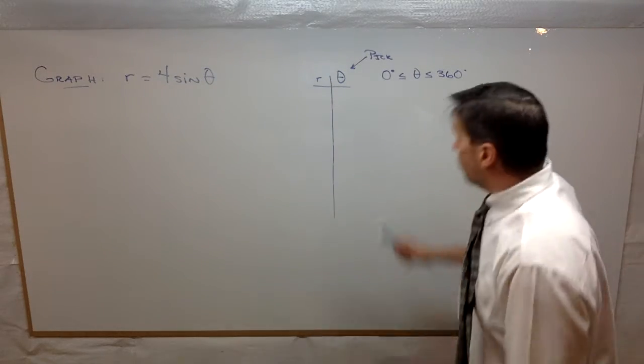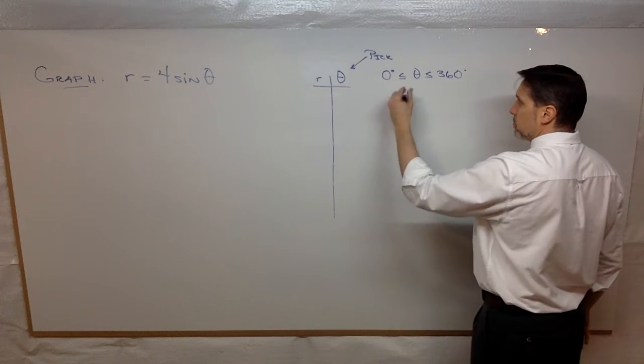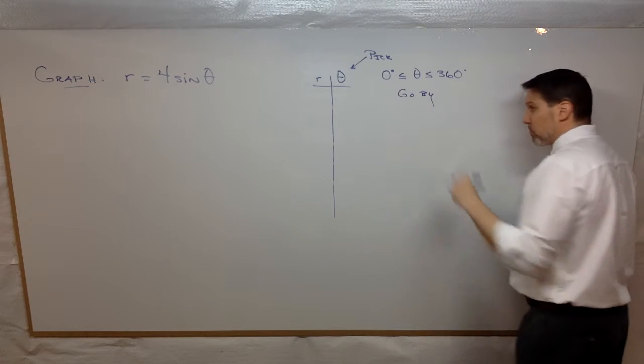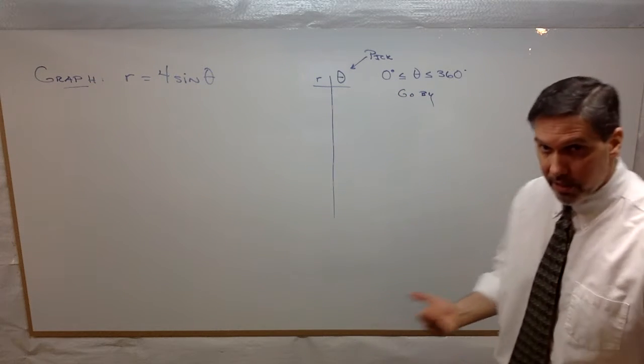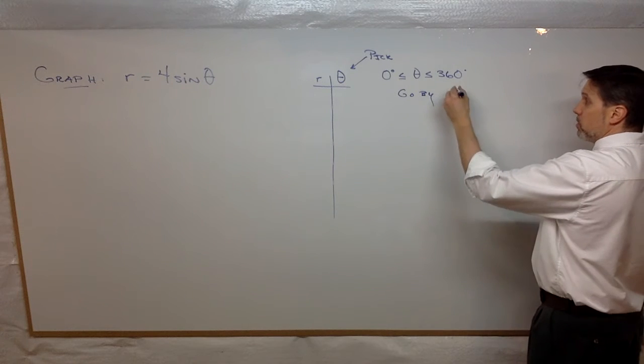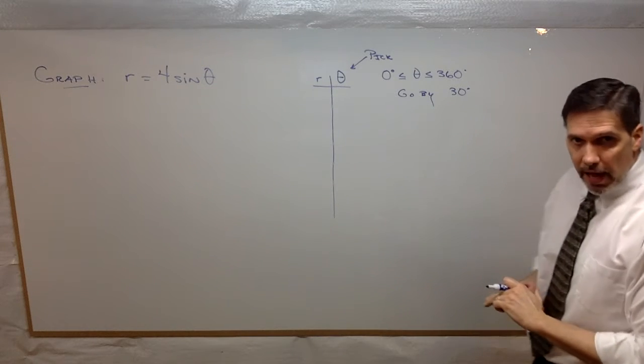So in general, we'll go 0 to 360, and this is kind of like we're picking our theta step here. What should we step by? Well, we could go by 30s. That should give us a pretty accurate picture.